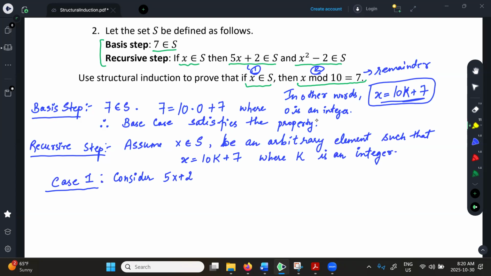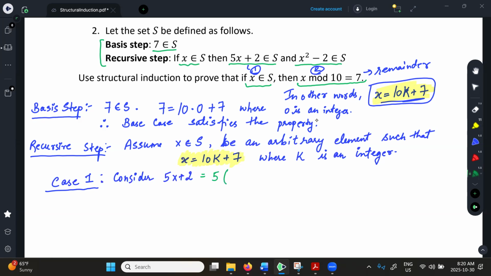Of course, you will be using this assumption in the proof. I want 5x plus 2 in the desired form, which is right here, as you can see I'm highlighting it. But how do I get 5x plus 2 in the form 10k plus 7? I'm going to replace x with 10k plus 7.